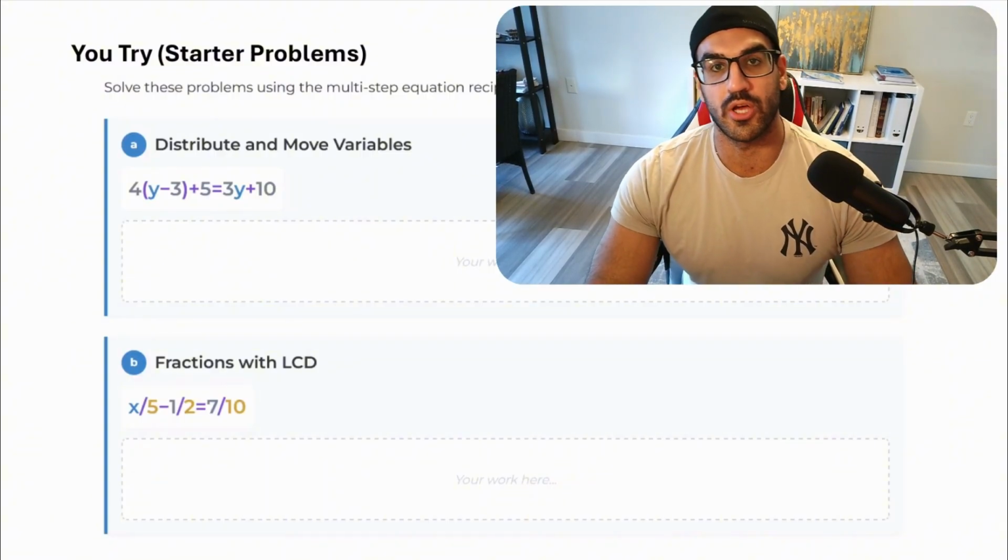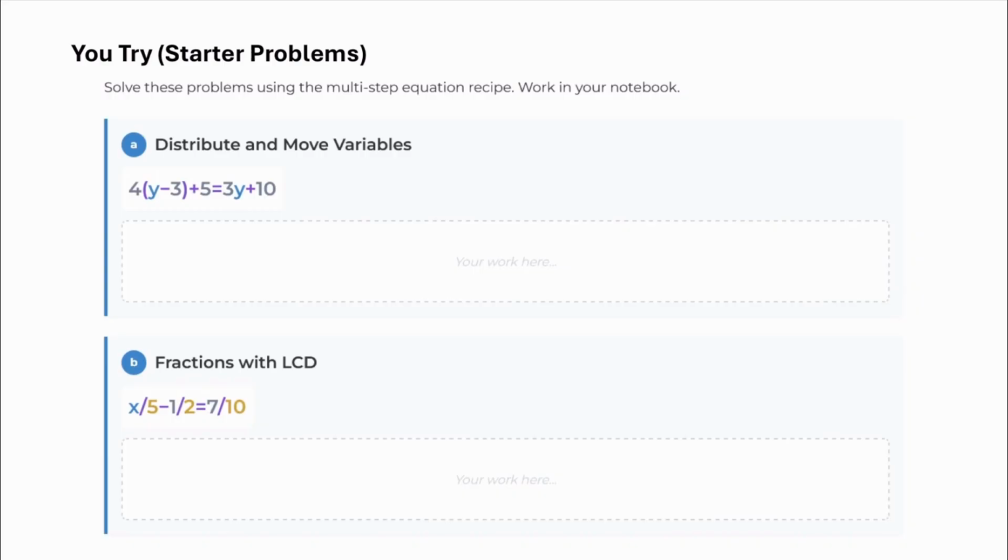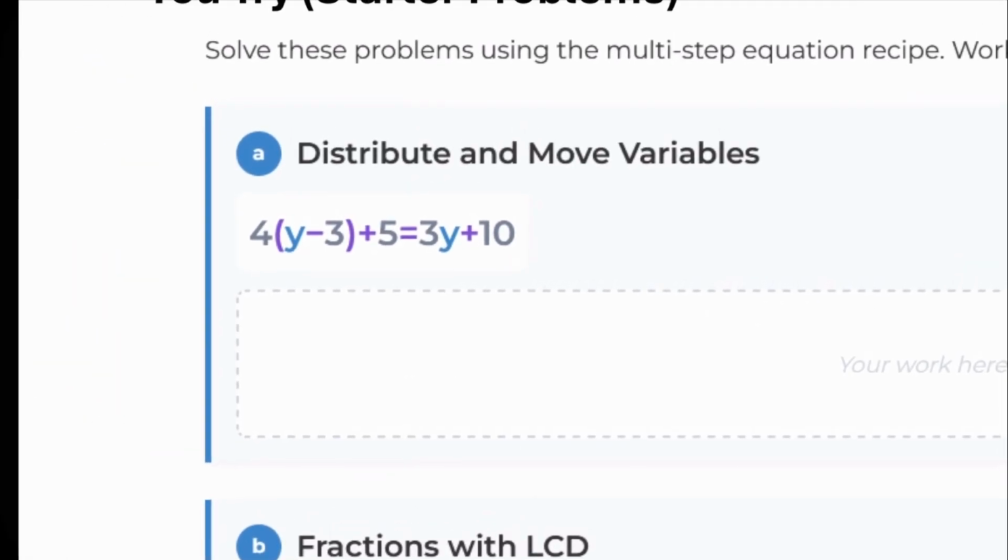At this point I have my 4 times (y minus 3). Start with the first step of the recipe, the distributive rule: a times (b plus c) equals ab plus ac. So remember that. I have 4 times y subtracted by 3, which is 4y minus 12, because 4 times negative 3 is negative 12, plus 5 is equal to 3y plus 10.